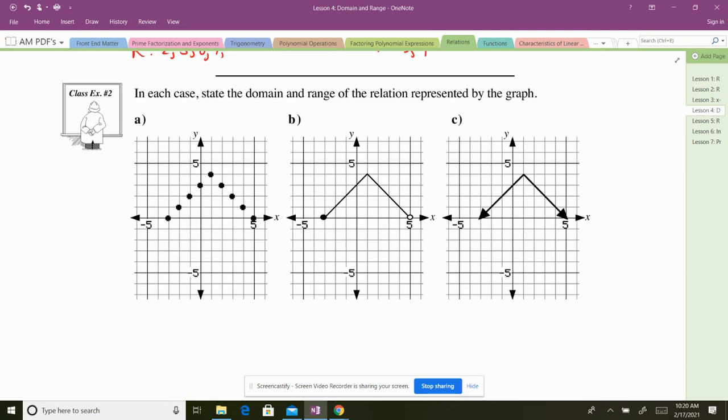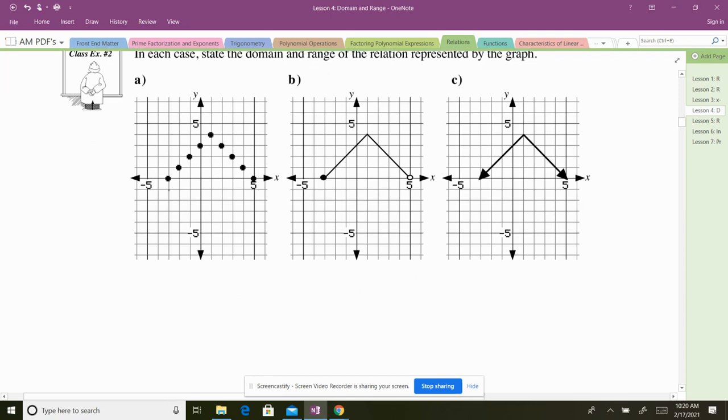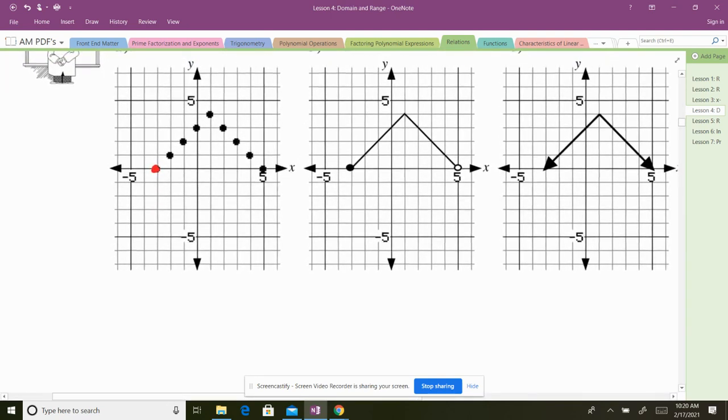So the dots are the points, right? So if we listed the points here, what would be the coordinates of that first point? -3, 0, because you'd list the x first, right? So you would have -3, 0.